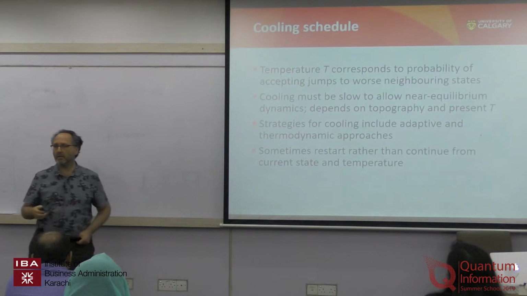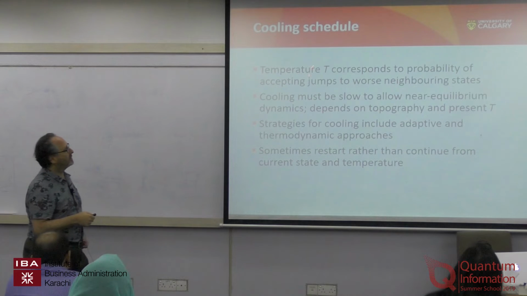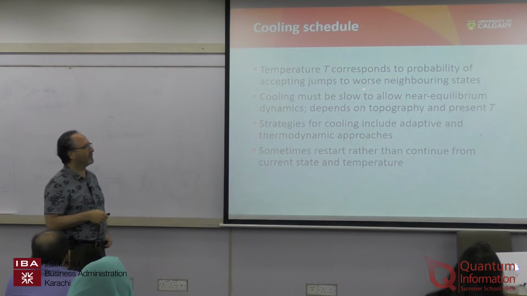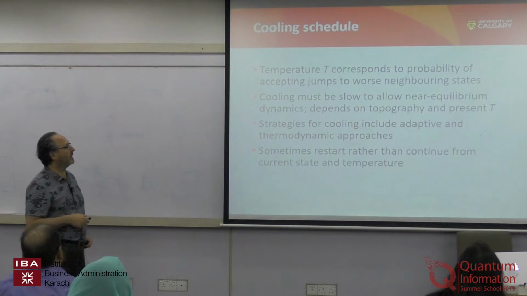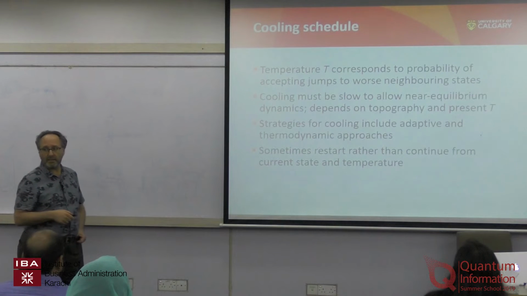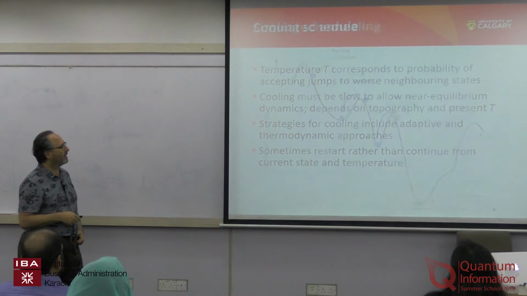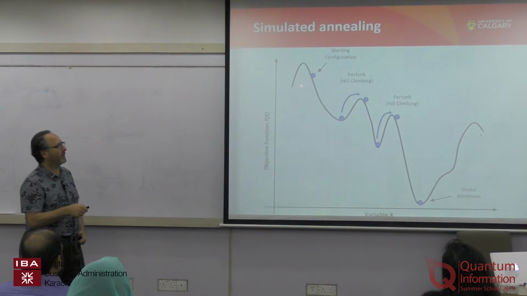Okay, now that's what I hinted at. I prepared a slide on the cooling schedule. Just to recap, the temperature T corresponds to the probability of accepting jumps to worse neighboring states. It's all discrete. Now the next thing is that the cooling has to be done slowly. You can kind of think of the agent jiggling around.